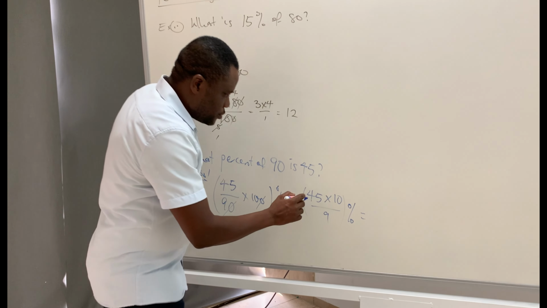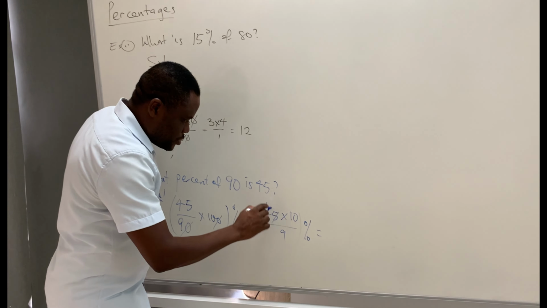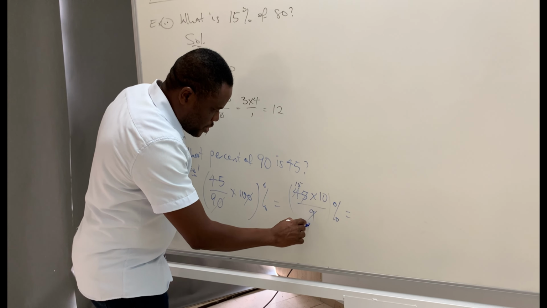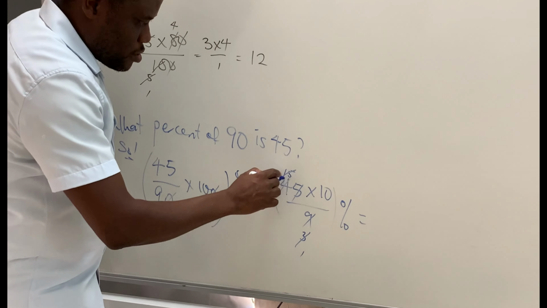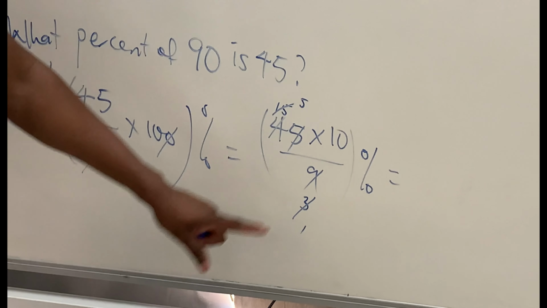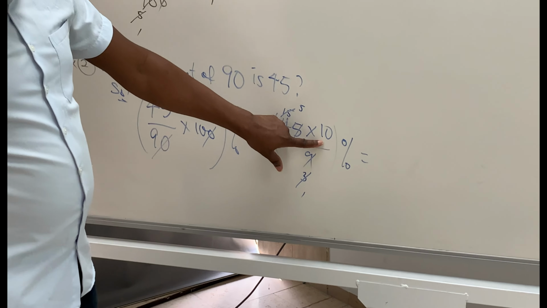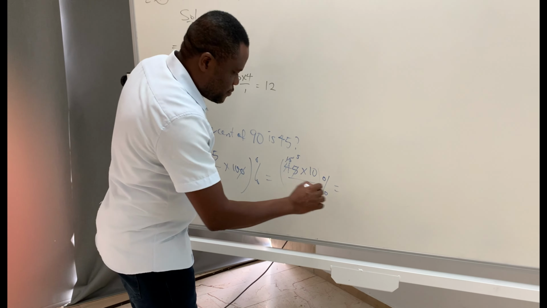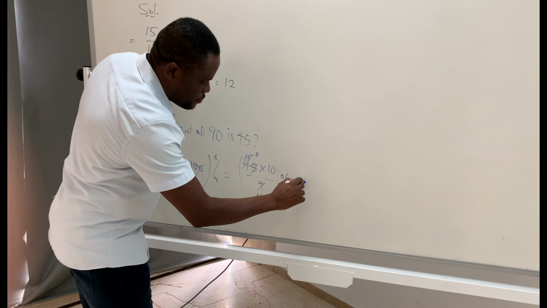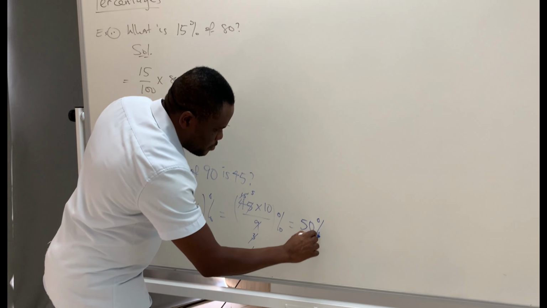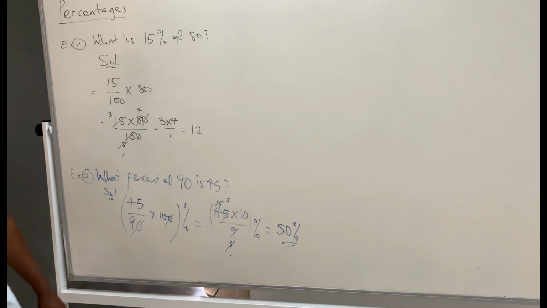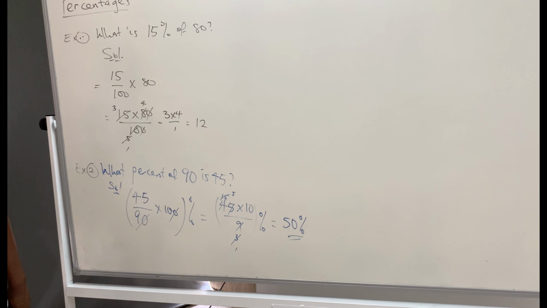So 3 goes here 1, 3 goes here 5, 3 goes here 3. 3 again 1, 3 goes here 5. This is already 1. This is 5. 5 times 10 is 50, right? 50 by 1 is 50. So we have 50%. So this is half.